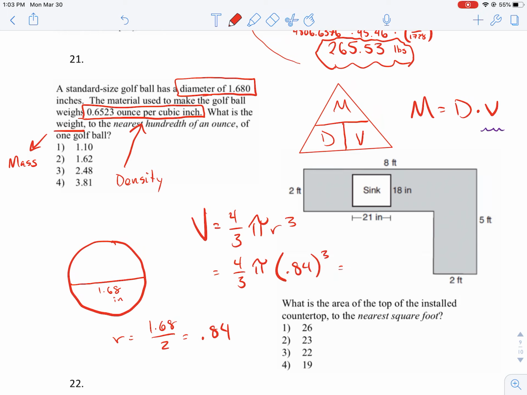So our radius is 0.84. So we're going to go 4/3 times pi times our radius cubed. Make sure you're using parentheses. 4/3 times pi, times 0.84 raised to the third power.